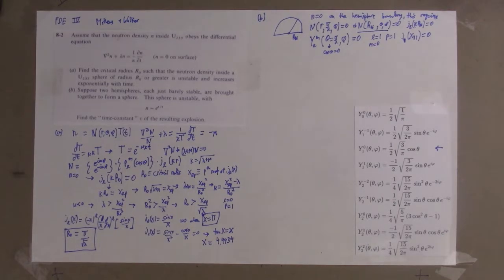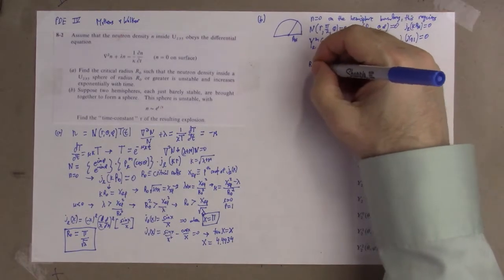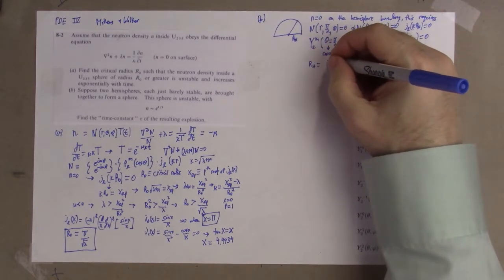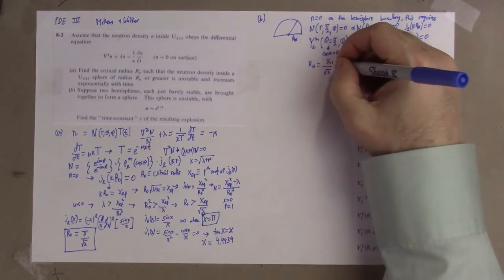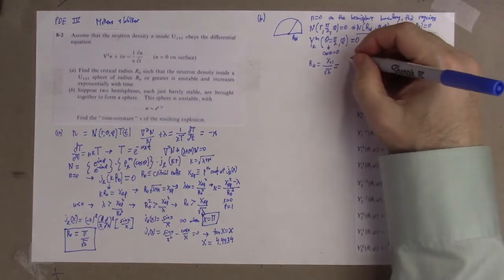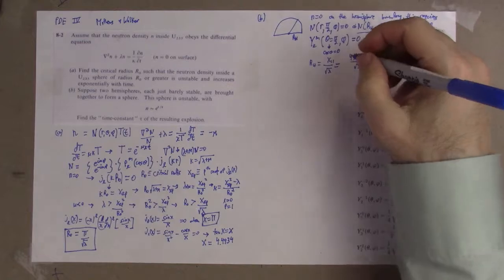Now that gives us RH. As before, RH is going to be equal to x11 over the square root of lambda, which is 4.4934 over the square root of lambda.